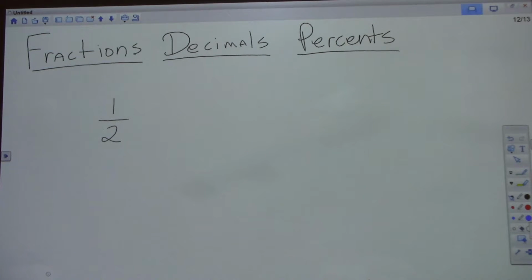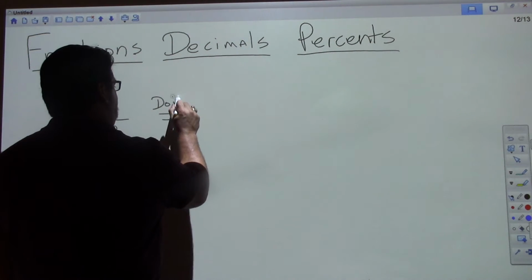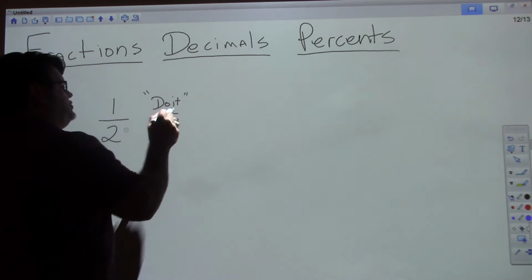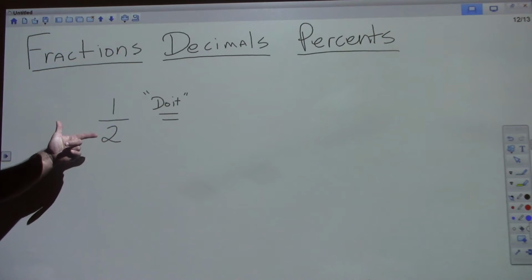So, fraction, 1/2. Well, there's a fraction. How do you change it into a decimal? Well, you just do it. When you go from a fraction to a decimal, you just do what it says. I probably talked about this before. This says 1 divided by what? 2.